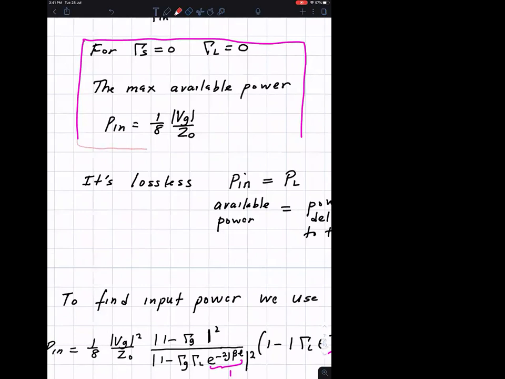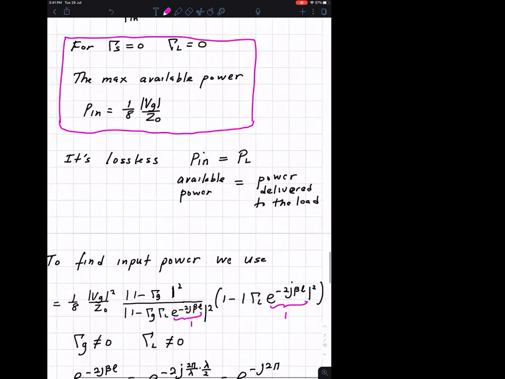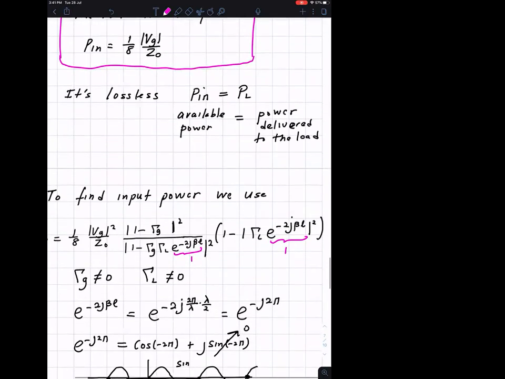The gammas are not there. The exponential functions are not there. Again, if it's lossless, please take note: the available power is the power that is delivered to the load.